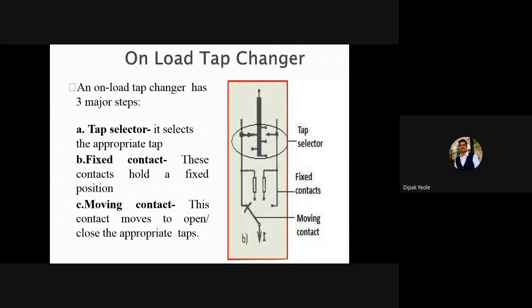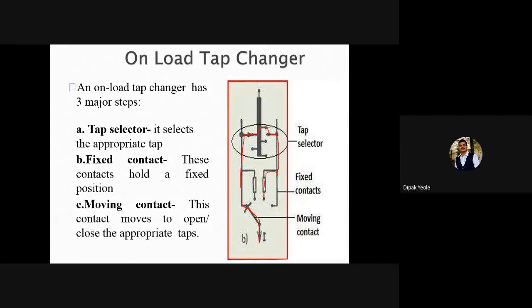Now, if we are interested for this moving contact, the amount of current is going to enter from this to this, this to this, here to here, and here. If we are choosing the particular tap like this, so if this arrow is connected to this, the amount of current is going to flow from this wire to this selector, to this, to here, and from here.